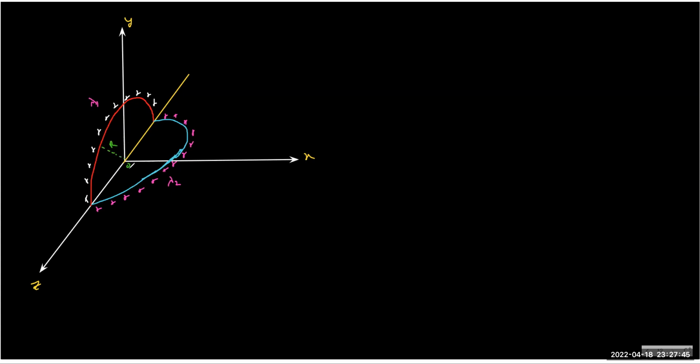So the first ring will create the net field downward like this, and the second will create the net field left. So we have to write it in vector form. We can write 2k lambda 1 by r in the minus j cap direction, and 2k lambda 2 by r in the minus i cap direction.